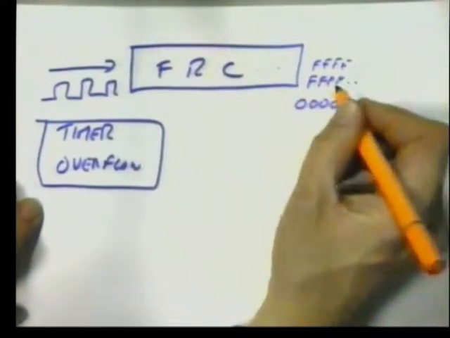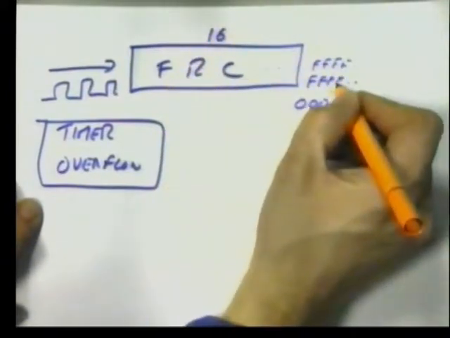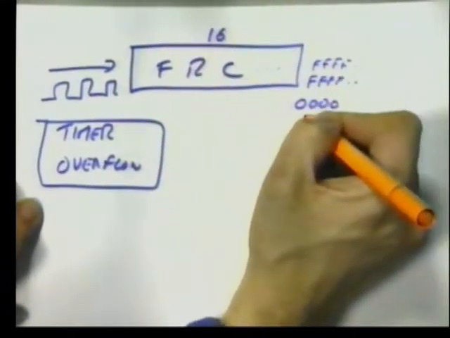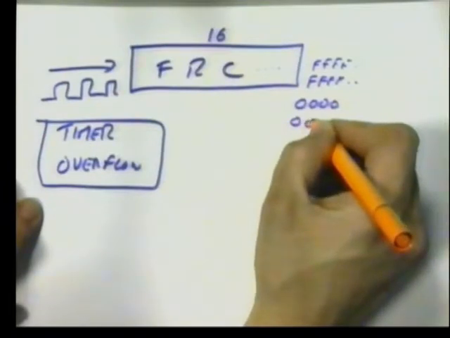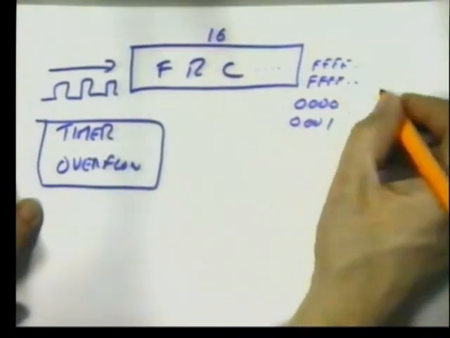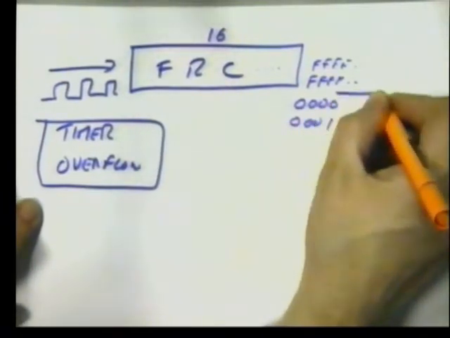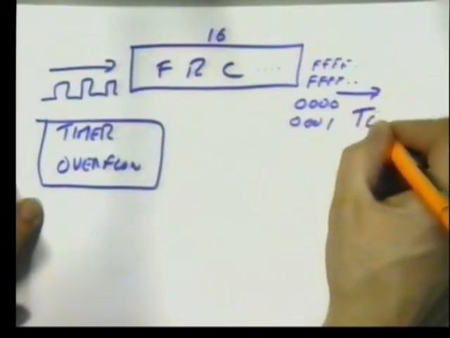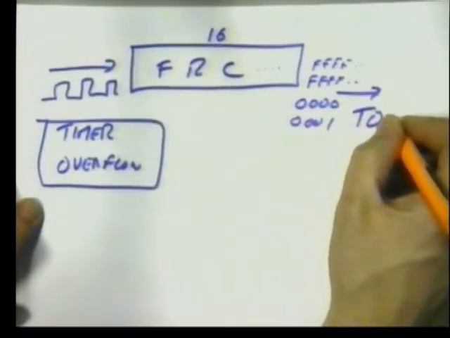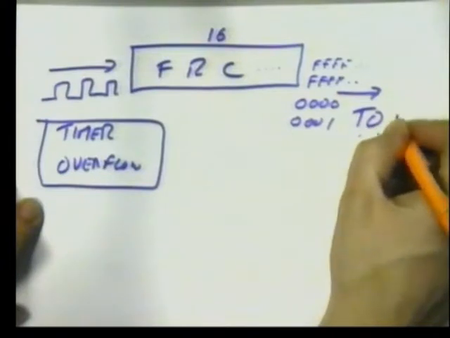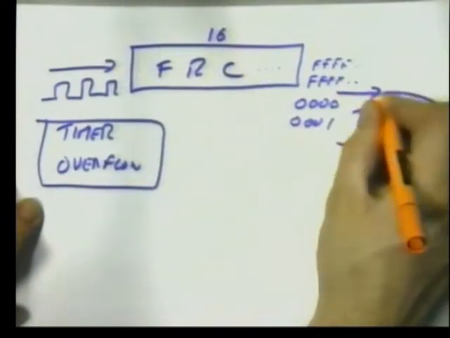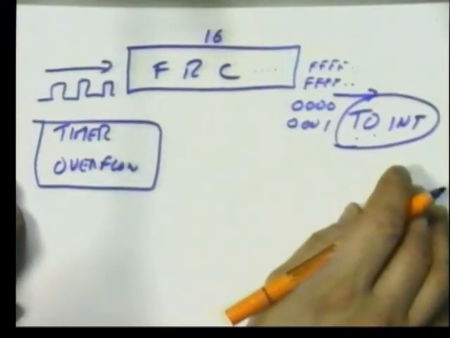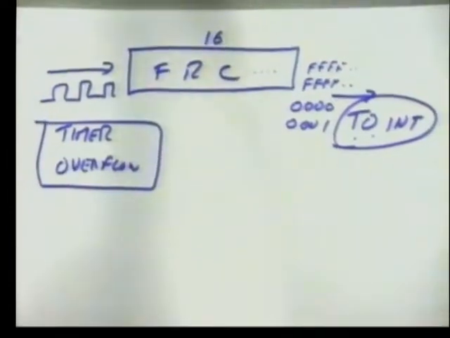They don't know any number bigger than the size of the register. So if you add 1 to FFFF in hex, it wraps around back to 0 and starts from the beginning. What happens there is you have the ability to issue a timer overflow interrupt, if you so wish. That is something that you can easily do under program control.